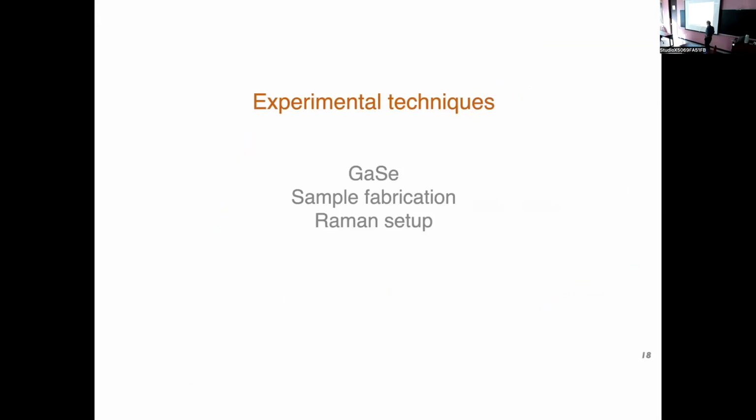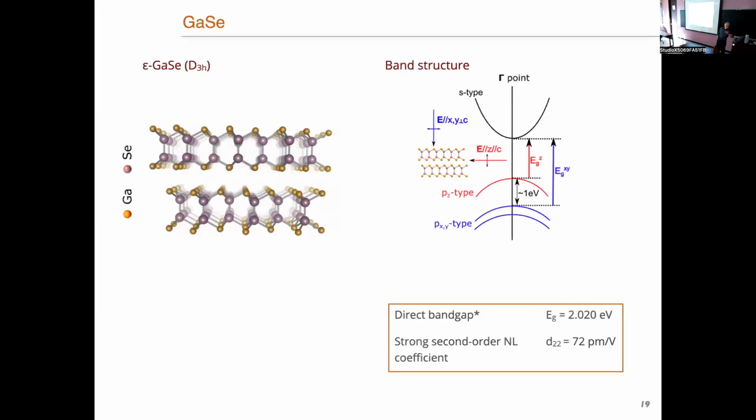A few experimental details about the experiments we did: the material, the setup, and Raman spectroscopy. As I mentioned, we've used a material called gallium selenide. It's not the most popular 2D material, but it's a very interesting one. It can be easily exfoliated.